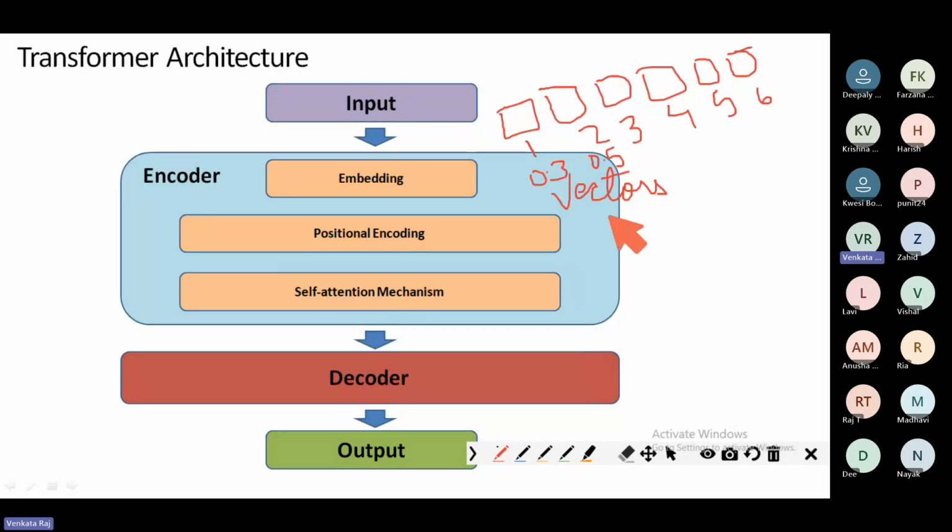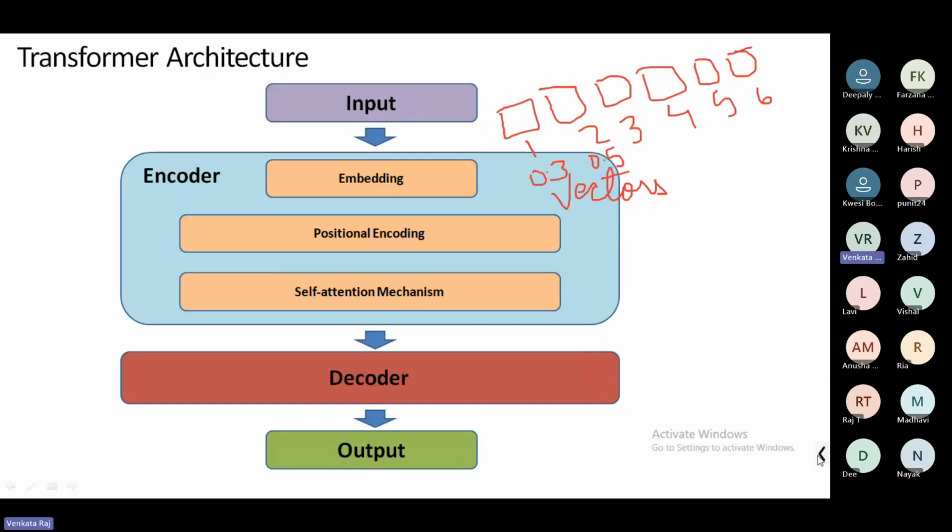All those things happen as part of the self-attention mechanism. So positional encoding is nothing but assigning positional mathematical vectors. You can read more about mathematical vectors, but those things are being implemented in this case.